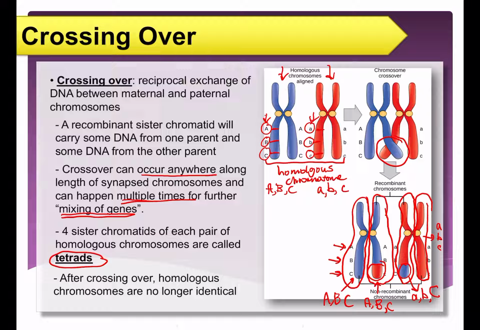Okay, they're not blue and red, but they have a little bit of a mixture of genes from each other. This is one of the reasons why meiosis will result in genetically distinct daughter cells, not identical. This is why mitosis and meiosis are different, because meiosis has this extra step of mixing the genes up.